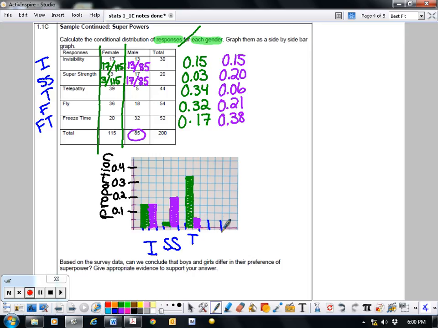Fly, freeze time. For fly, we had 0.32, and then 0.21.